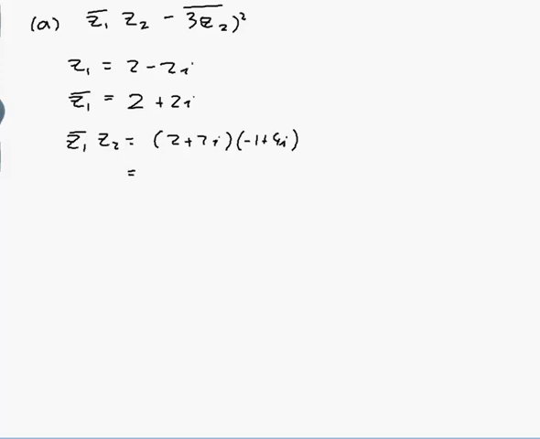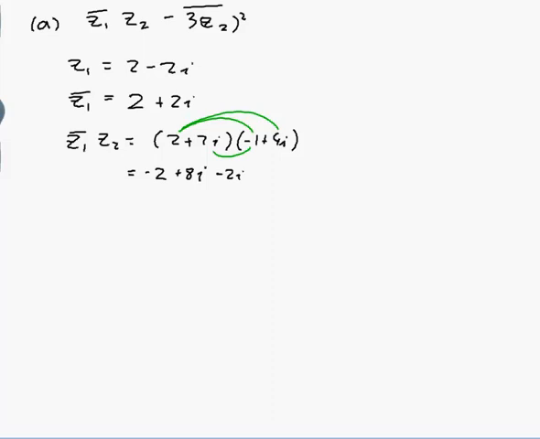And so that's equal to, well, let's see. 2 times minus 1 is minus 2. 2 times 4i is 8i. 2i times minus 1 is minus 2i.